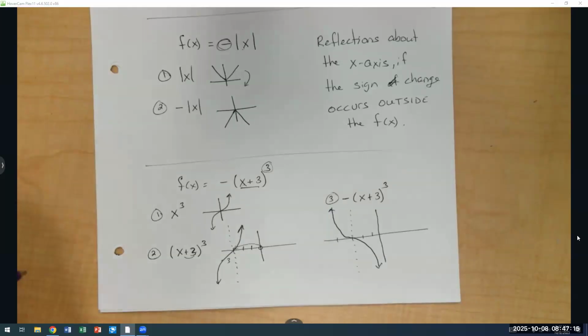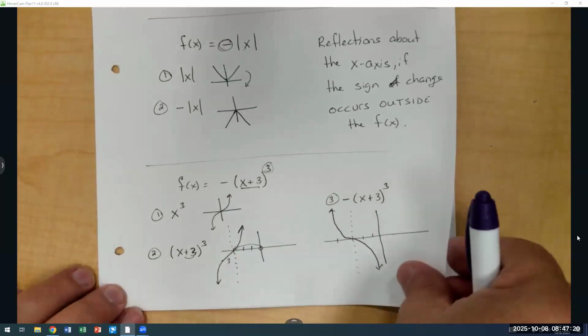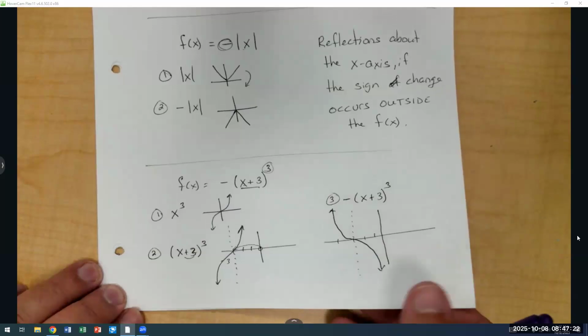Okay, so we've talked about horizontal shifts. We've talked about reflections. Let's talk about vertical shifts.